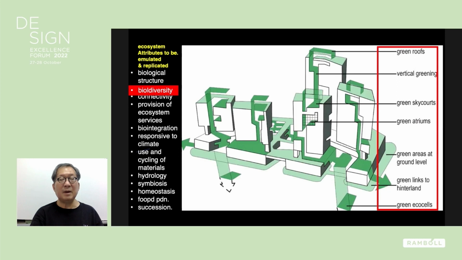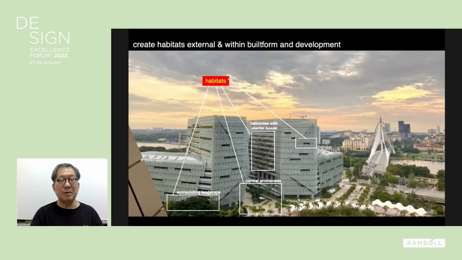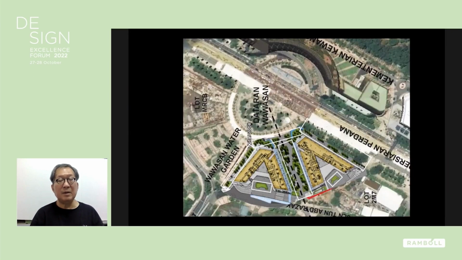Now, going back to creating habitats, this is what we should be doing. And this is one of the projects that we did about 5 years ago, where we create habitats within the built environment, within the balconies, within the roof, within the ground, and within the walls. And the complex is essentially 2 chevron-shaped buildings.